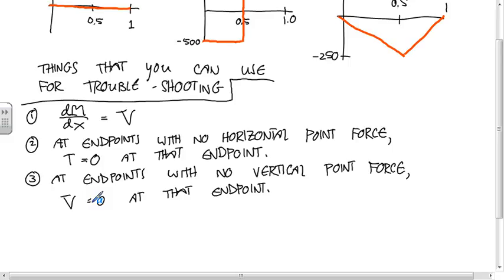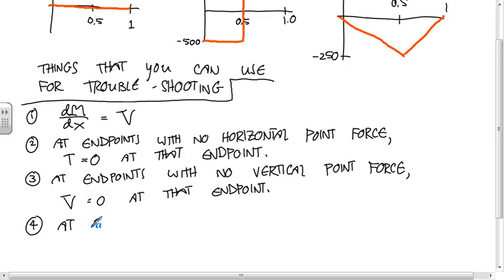And then the last one, what's the last one going to be? It's similar again. Yeah, if there's no point couple at the end point, then there's no internal bending moment at those points.